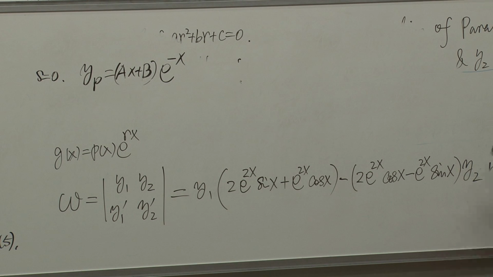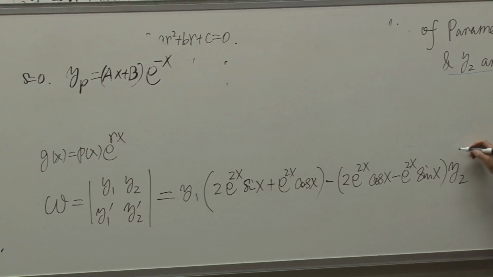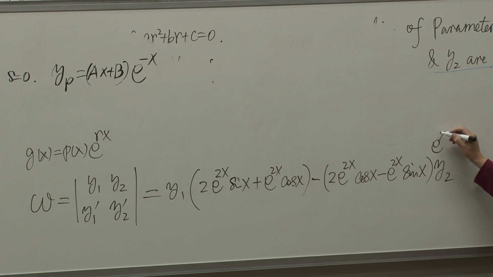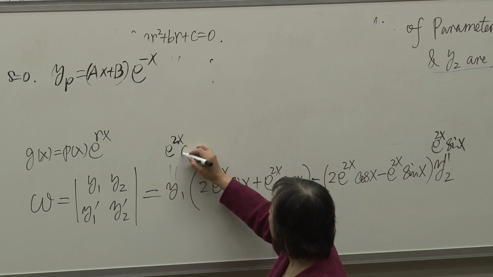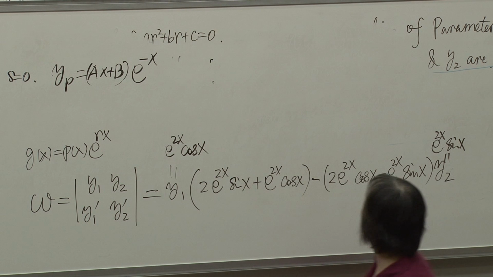This is the Wronskian. Remember, y2 is e to 2x times sine of x, whereas y1 is e to 2x times cosine of x.